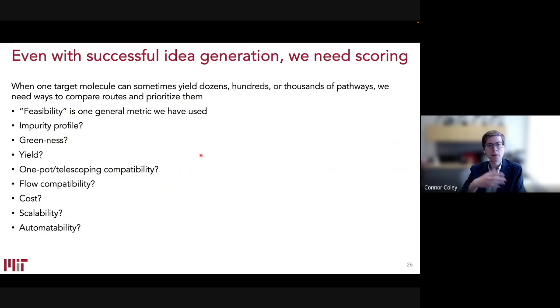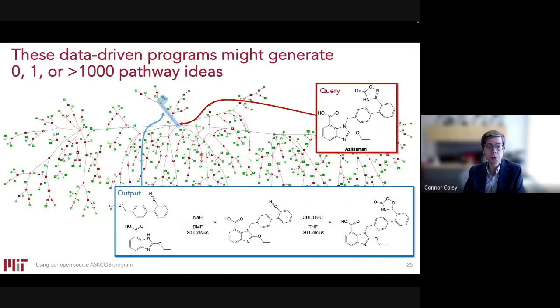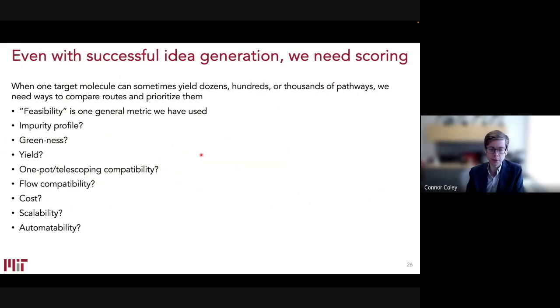And so there's a lot of depth, a lot of domain-specific questions that one could ask about how you take hundreds or thousands of pathway options and start to evaluate and compare them through these objective measures of pathway optimality. And so there's a lot of work to do here.